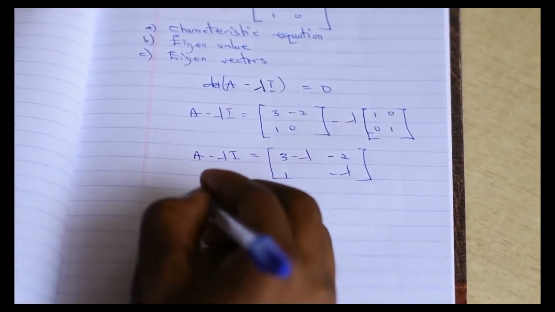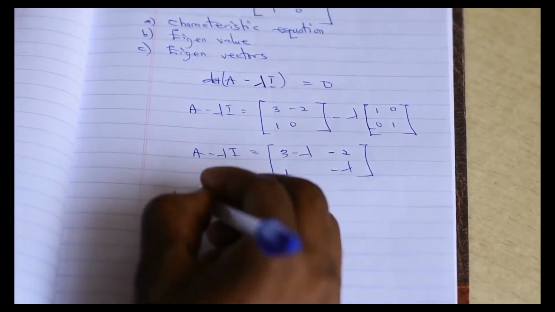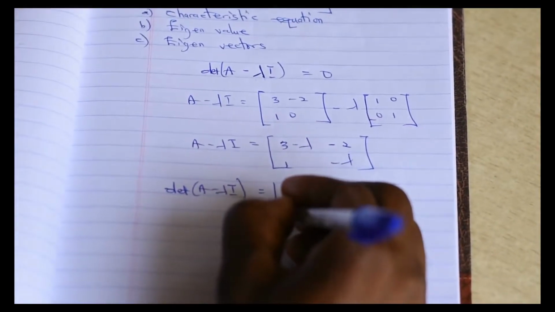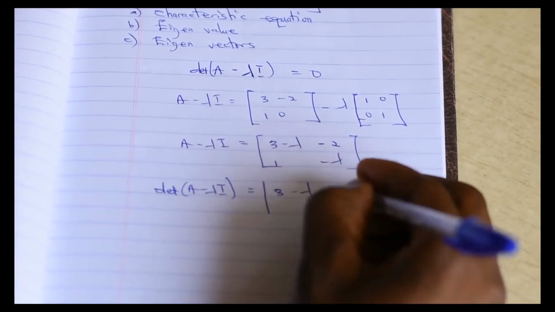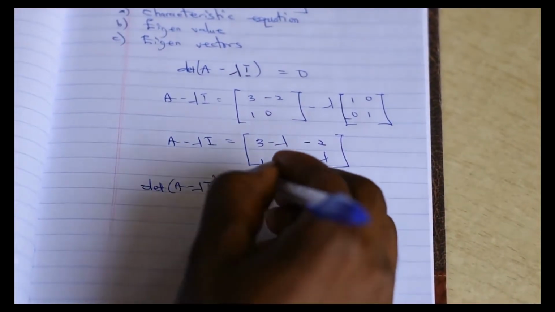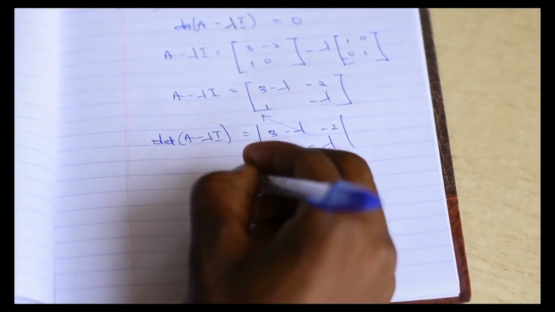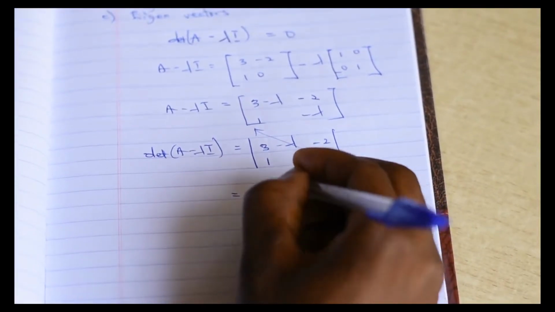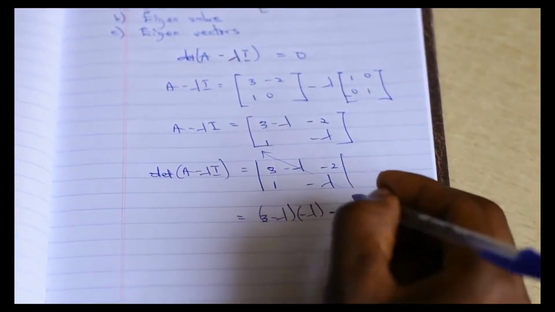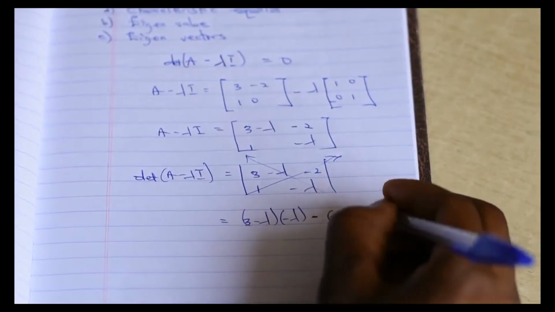So let's find the determinant. We have to multiply this diagonal by this diagonal. That gives us 3 minus lambda multiplied by minus lambda, then subtracted from this diagonal multiplied by this diagonal, and it should be equal to 0.